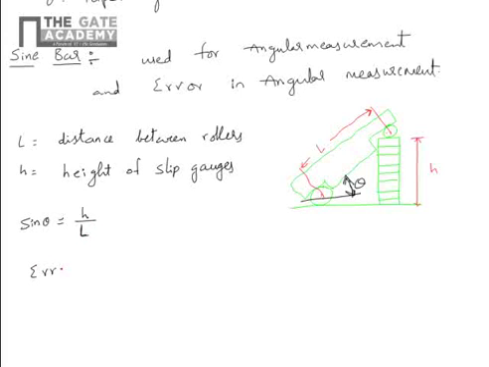If you want to measure the error in angular measurement, error d theta equals tan theta into dh by h minus dl by L. The principle of the sine bar is based on trigonometry. Because we are using the sine formula to measure the angle, it is called a sine bar, for angular measurement.